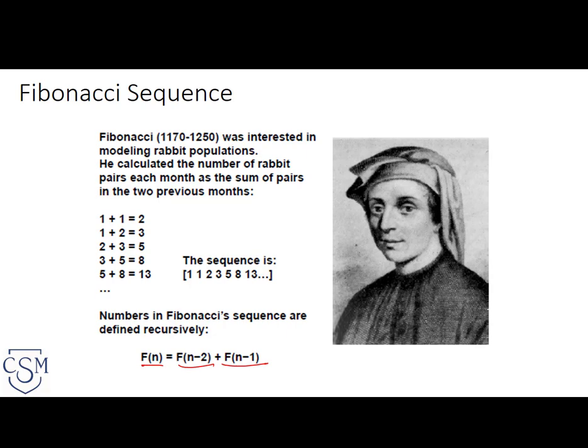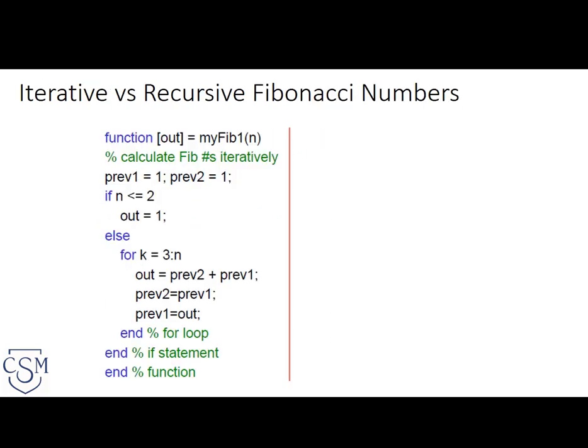Remember that 2 was equal to 1 plus 1. So this would be f1, f2, and this is f3. And so really f of 3 is equal to f of 2 plus f of 1. So that's how we can think of this Fibonacci sequence recursively.